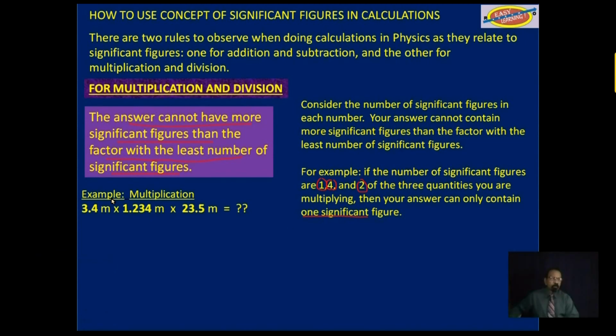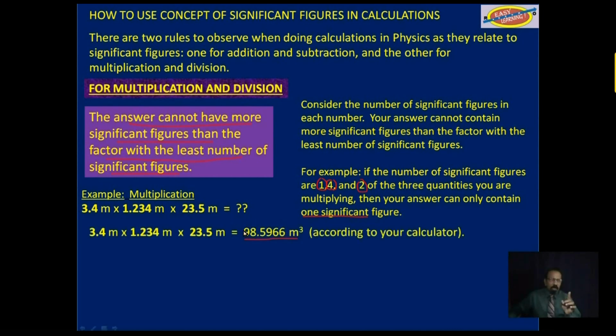So if we look at this example, 3.4 meters multiplied by 1.234 meters multiplied by 23.5 meters, if you put that in a calculator, you would get this. If you leave it like that, you will lose a mark at CSEC. We have to apply the rules for significant figures as it relates to multiplication and division.